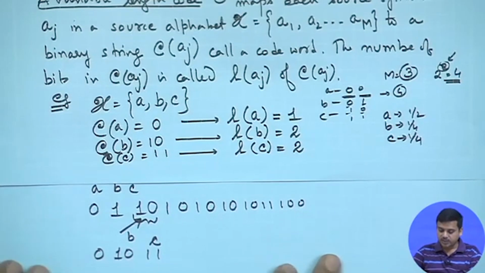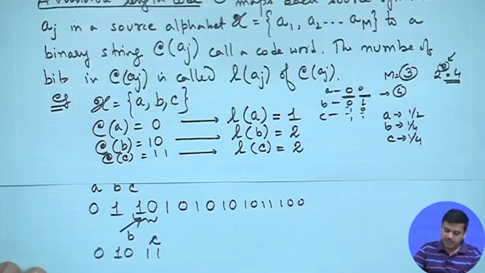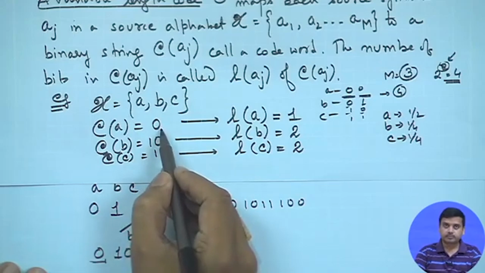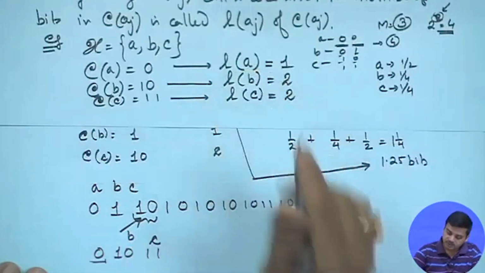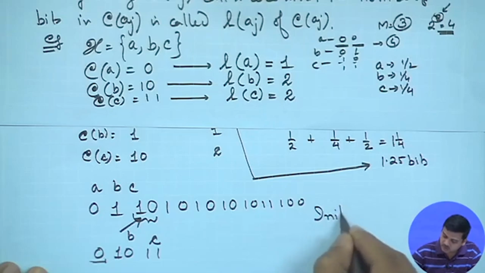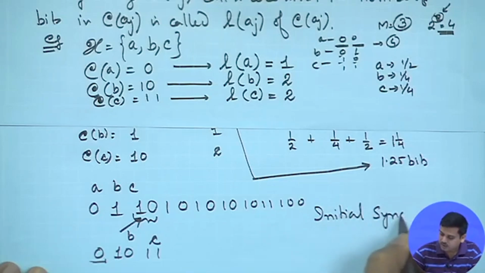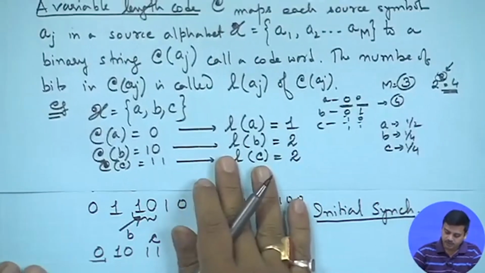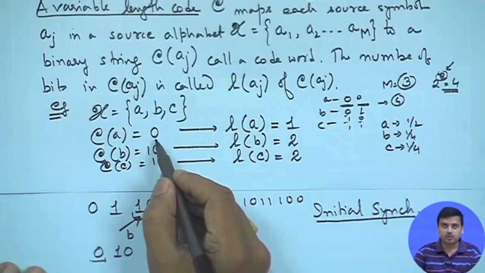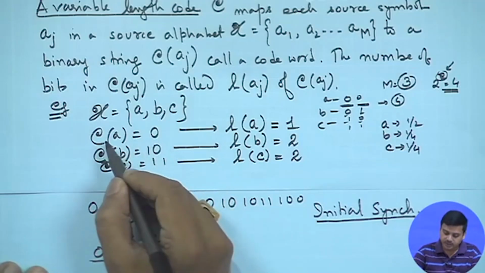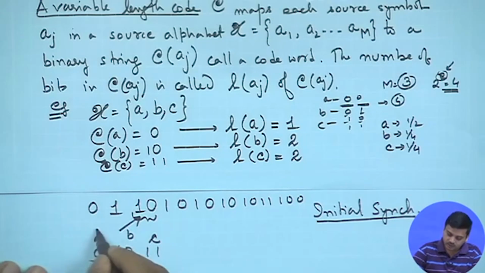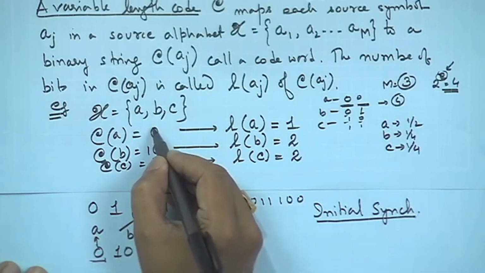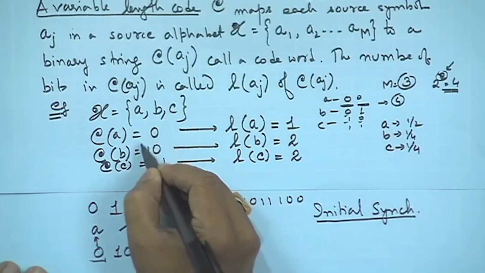Now, the receiver can use a method saying that I will read the code and immediately go and look it up. Of course, for all this, initial synchronization is assumed. It will go into the lookup table and find that 0 is a code word. If 0 is a code word, it will immediately decode this to an A. Next it gets a 1, it goes to the code book, it finds there is no code word with 1.